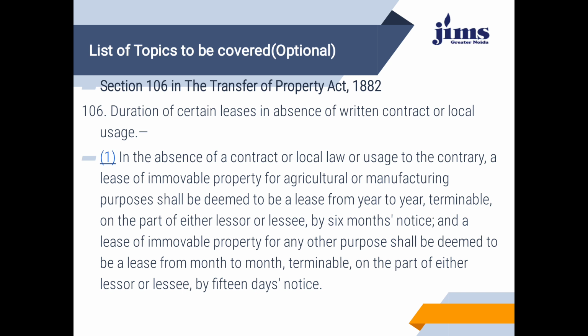It reads as, in the absence of a contract or local law or usage to the contrary, a lease of immovable property for agriculture or manufacturing purpose shall be deemed to be a lease from year to year, terminable on the part of either lessor or lessee by 6 months notice, and a lease of immovable property for any other purpose shall be deemed to be a lease from month to month, terminable on the part of either lessor or lessee by 15-day notice.